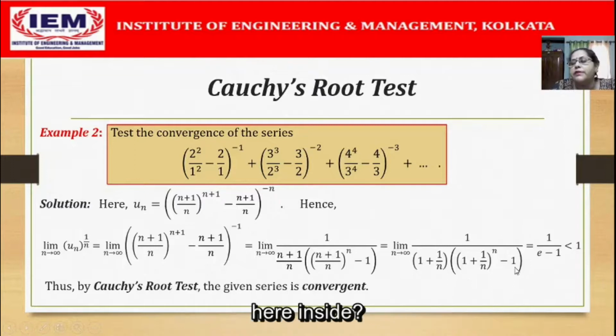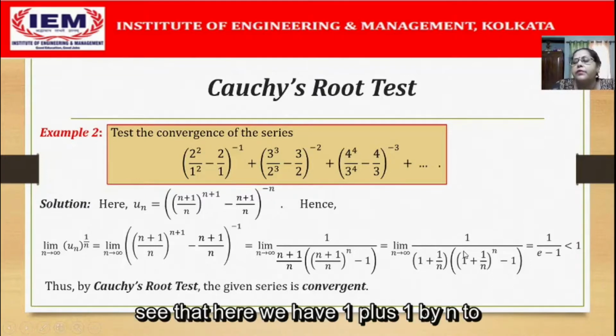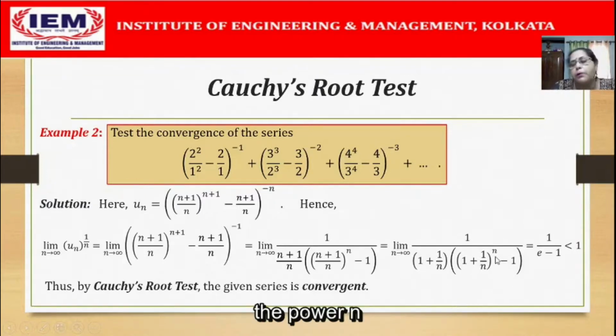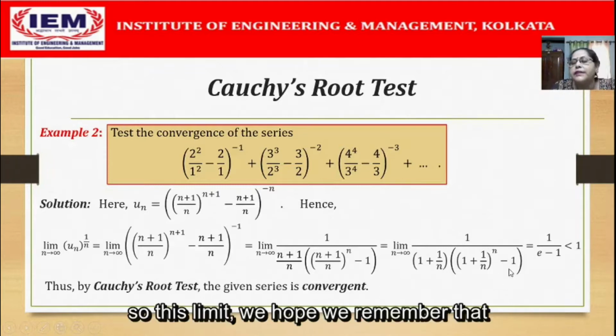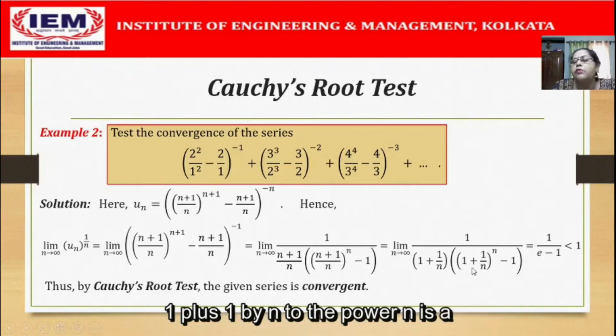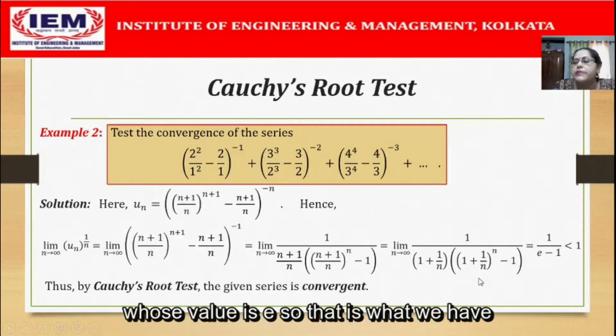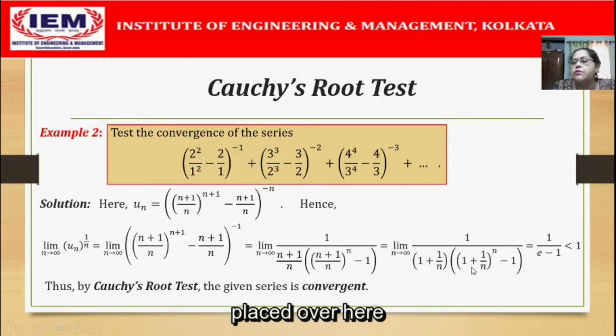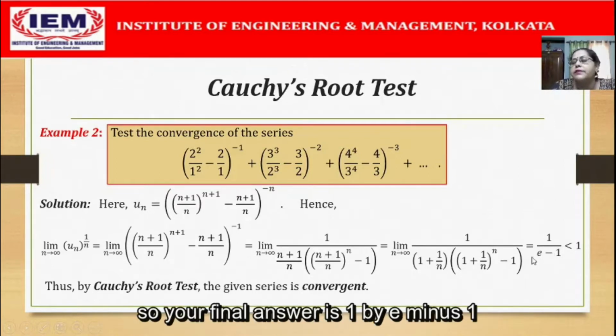And what happens inside? Here we have (1 plus 1 by n) to the power n. We hope we remember that limit n tends to infinity of (1 plus 1 by n) to the power n is a standard limit whose value is e. So that is what we have placed over here. Your final answer is 1 by (e minus 1).